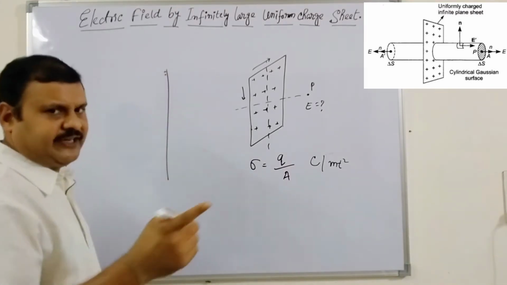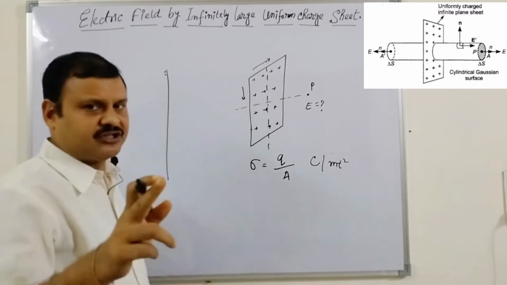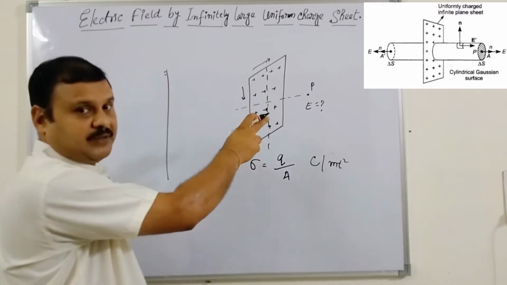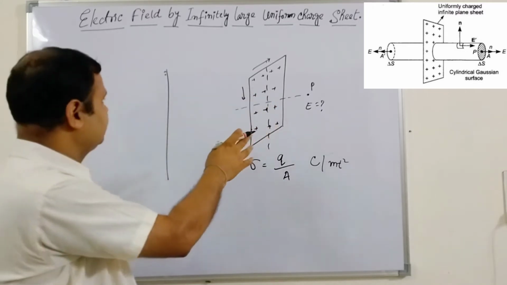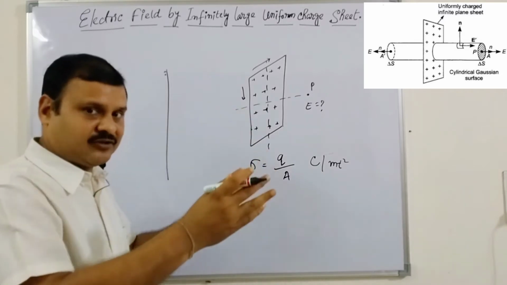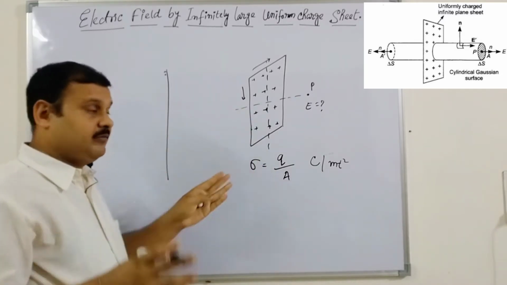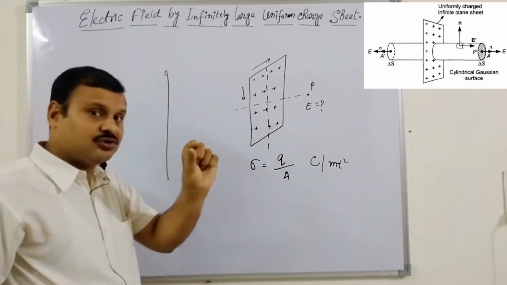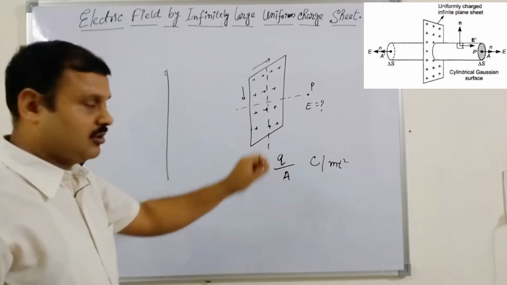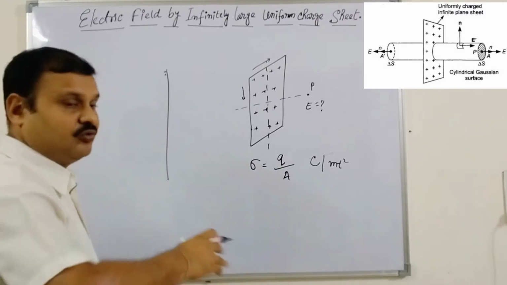Now see one thing here: the thickness is near about 0, but it is not exactly 0. If you consider the atomic or molecular level of these conducting elements, you can have some thickness. So the charge will be distributed over the surface only, not in the core. If you think at the molecular level, there will be some molecular layer inside. It could be very, very thin.